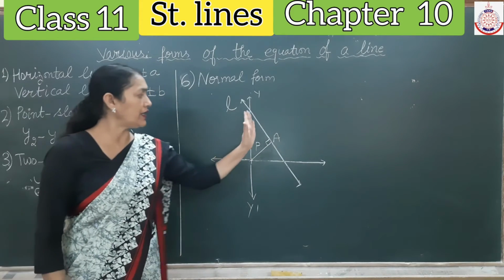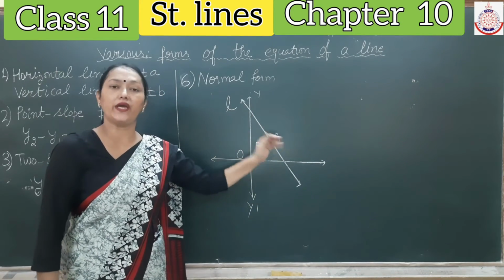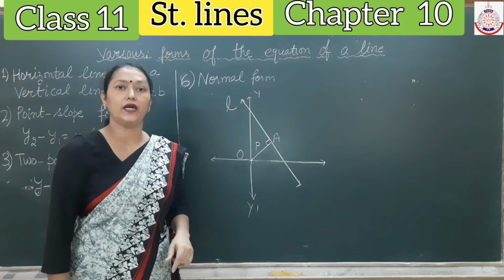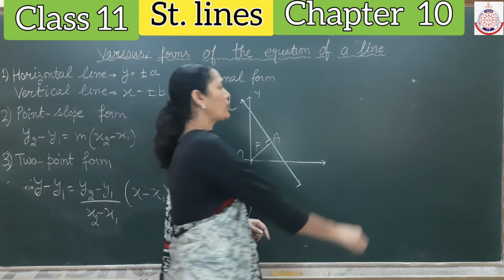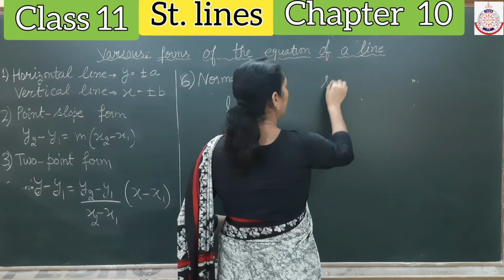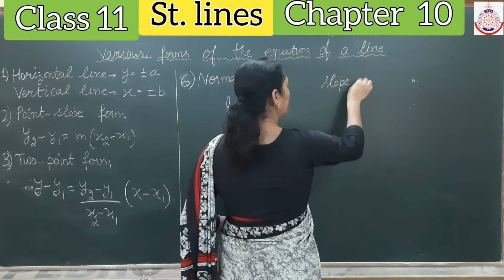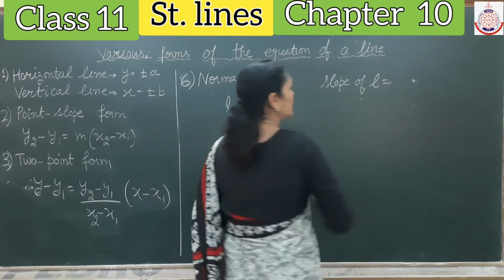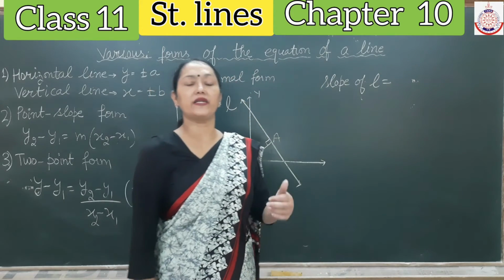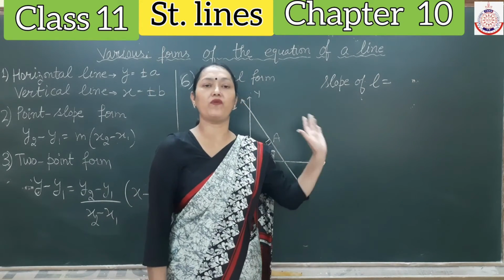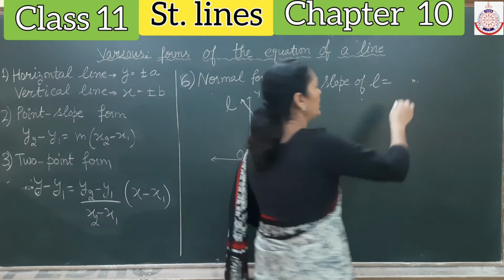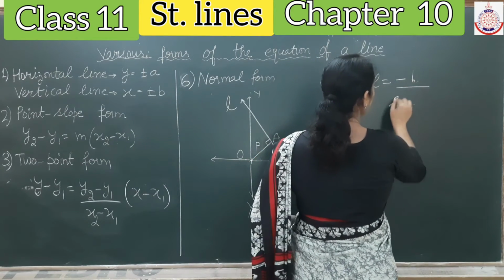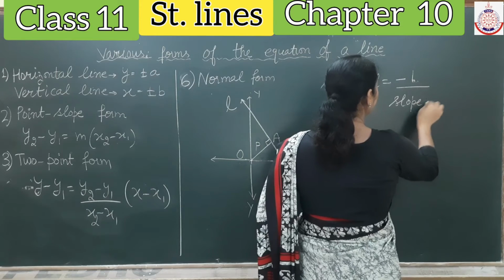As we know, line L and OA are perpendicular to each other, and when we were studying slope for perpendicular lines, we learnt that the relation is m2 equals minus 1 upon m1. That means the slope of line L is equal to minus 1 upon the slope of OA.